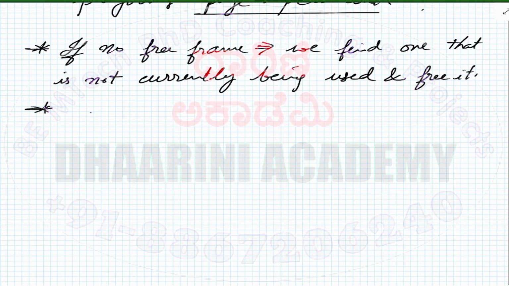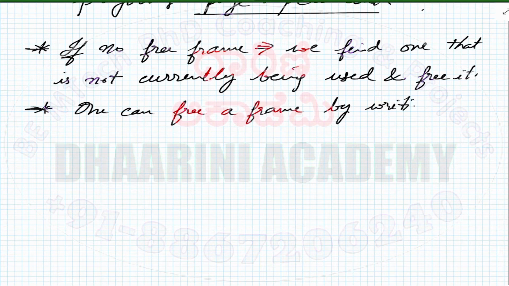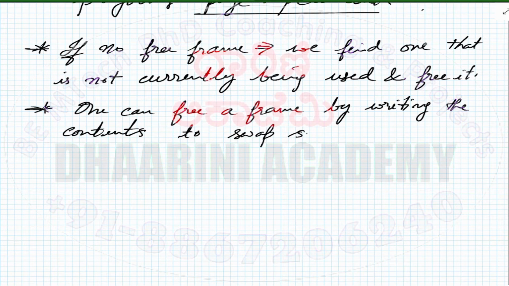One can free a frame by writing the contents to the swap space of the memory. We know that there is this swap space, and we try to write the contents of the page to that location.